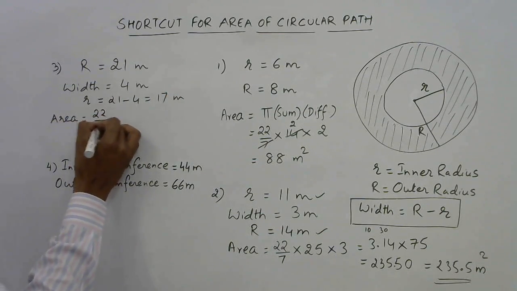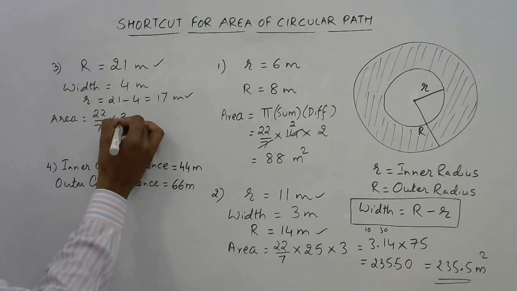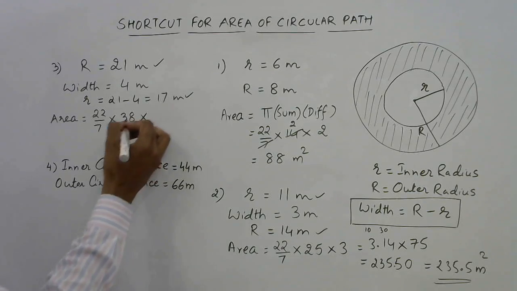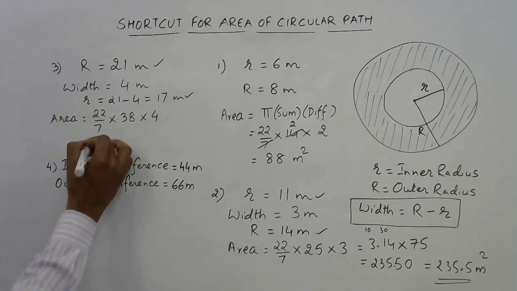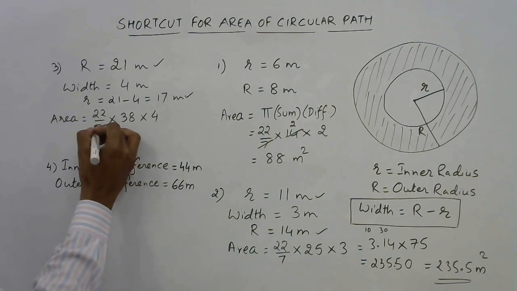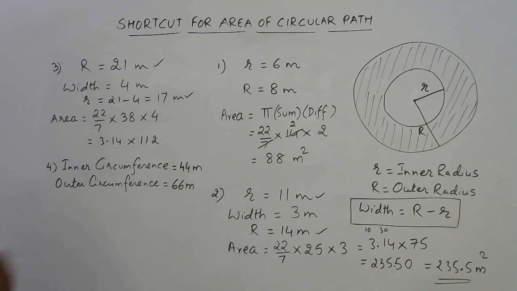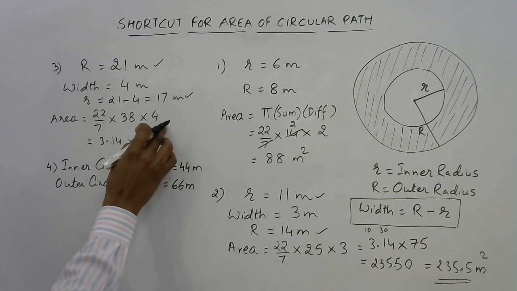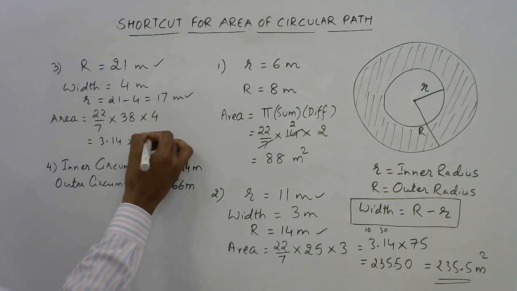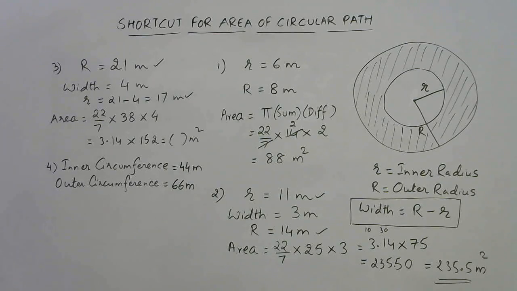Just write pi, 22 by 7, into the sum. The sum of these two is 38 and the difference is 4. So you can solve it like this also. I'll leave it to you: 3.14 because this is not cancelling, multiplied by 112. This is 8 4 32, 2 3 carry, so 152. So you can multiply that to get the value of the area of the path directly.